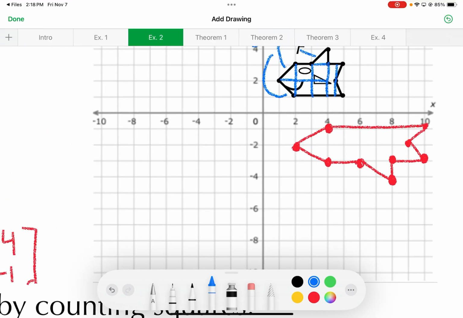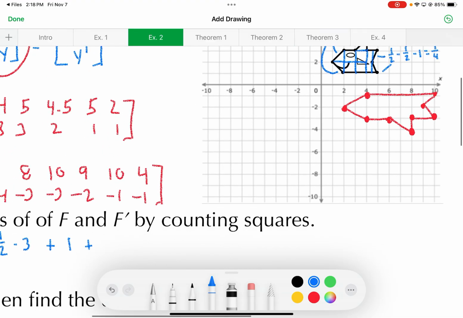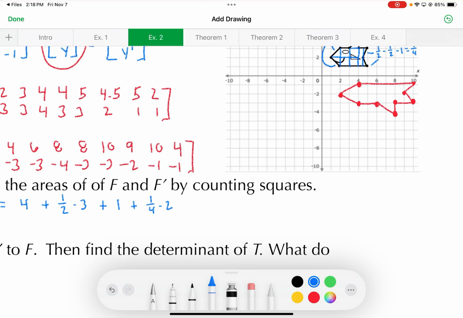Okay, and then the 2 smaller triangles here, area would be 1/2 times the base, which is also 1/2, times the height, which is 1. So that's going to be 1/4, and I got 2 of those, right? So this is 1/4 times 2.